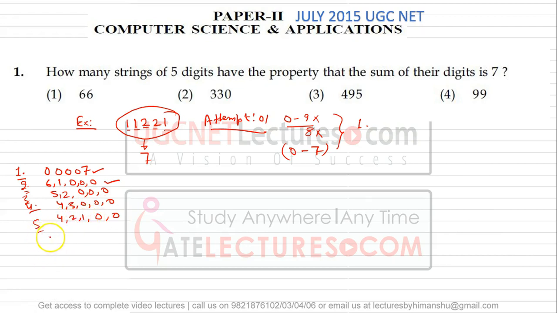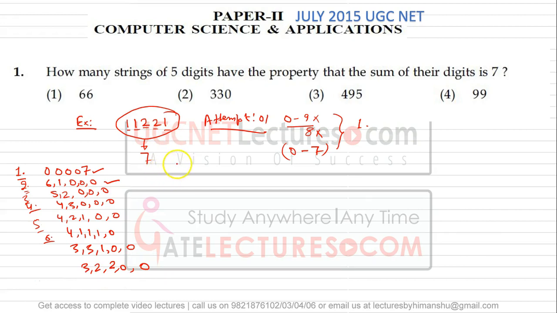Then we can say 4 1 1 1 0, or 3 3 1 0 0, or 3 2 2 0 0. The sum of each string is 7.